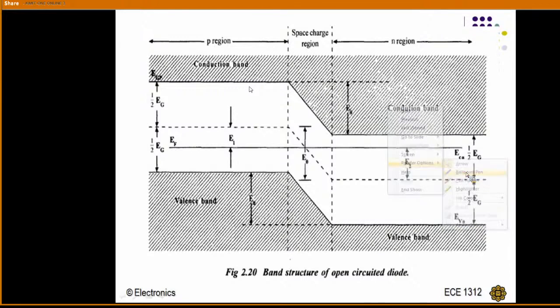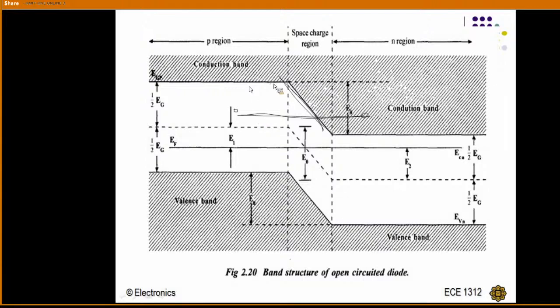I will take a pointer here. Right. Now, here one electron is there. If I want this electron to move from n-type to p-type, it is very, very difficult because the height of this barrier is very, very high.